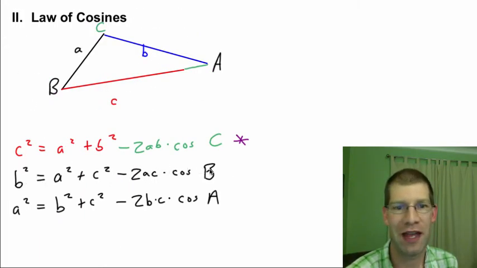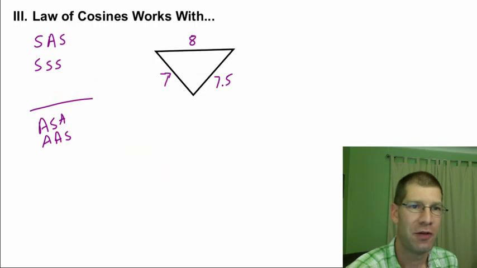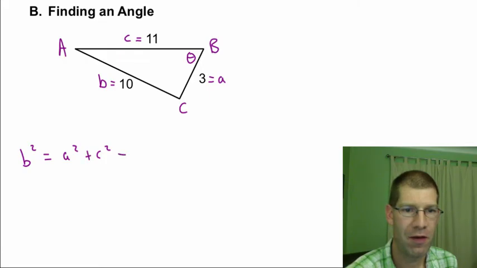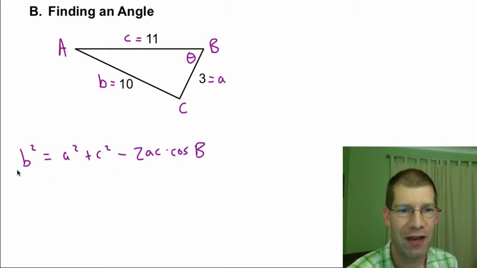That's the only one that has angle B. So we go with b squared equals a squared plus c squared minus 2 times a times c times cosine of capital B. And now that we have that, we can just kind of plug and chug. So my b squared, well, that'll be 10 squared. You could write in 100 if you wanted to.